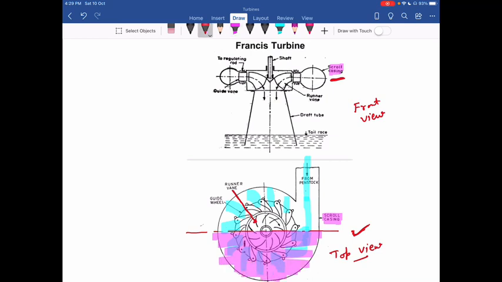Okay. Then I see from this side. Okay. So then I am able to draw the front view of this turbine.